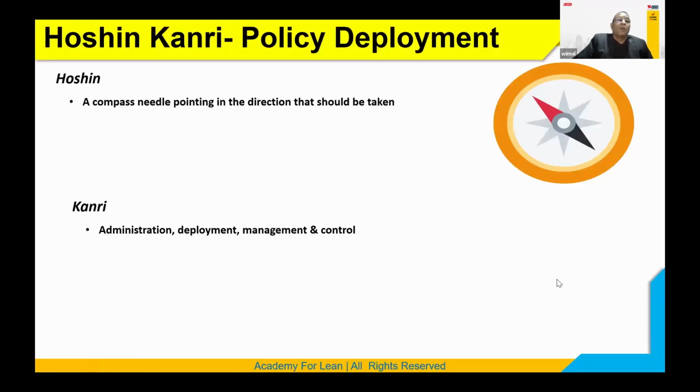right? When you say Hoshin, it's a Japanese word. Actually, it's Hoshin Kanri. When you say Hoshin, it is the direction, right? You can see the symbol, and this is a direction, the true north.